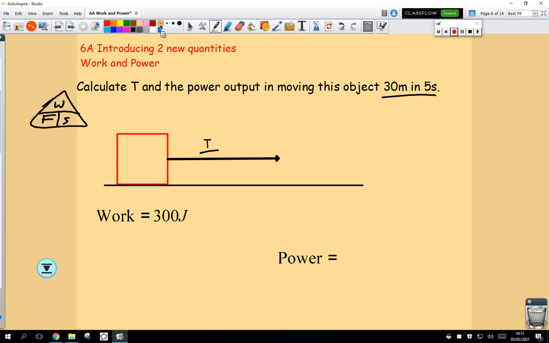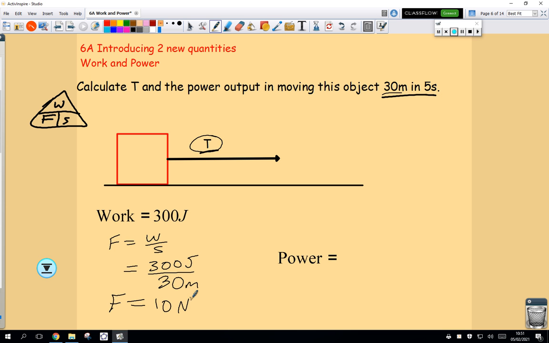So I want to find the force here, T. So force is going to be equal to work divided by the displacement. The work here is 300 joules divided by the displacement, which is 30 meters. So my force is going to be 300 divided by 30, which is 10 newtons.